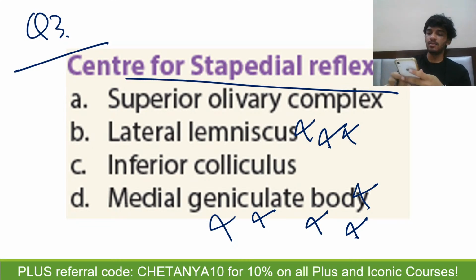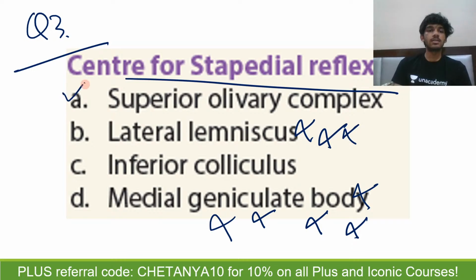Take one more guess, and then obviously you will get to know if it is wrong or right, and then you will also know the right answer. Okay, so anyway, you probably don't know since you've taken two wrong guesses.